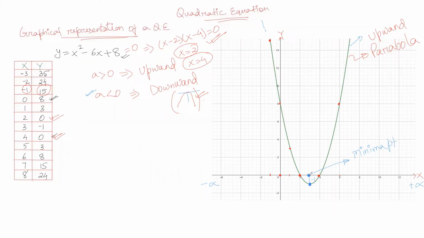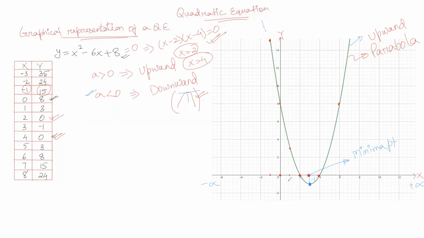Now, one thing that we can observe from this graph is that the graph behaves exactly in a similar way to the right side of this point as it behaves to the left side of this point. For example, at x equals 4 and x equals 2, which is at a distance of 1 unit from this minima point, the graph is attaining a value of 0.